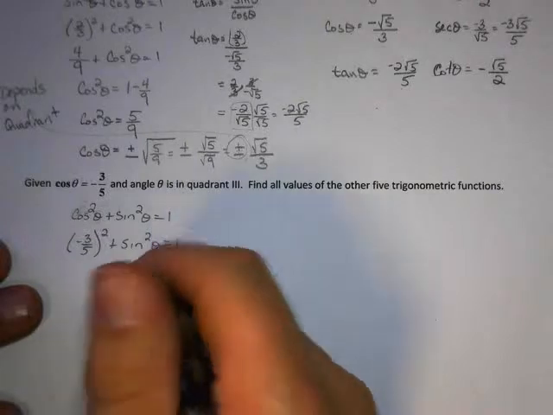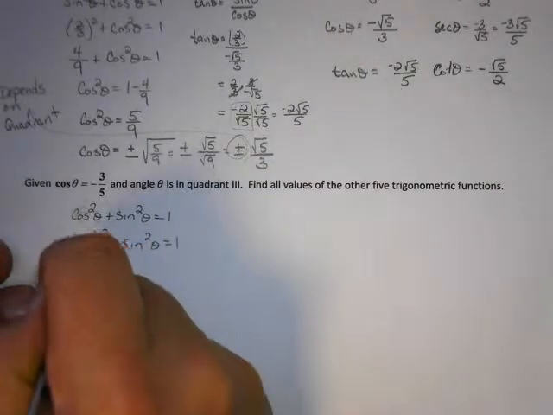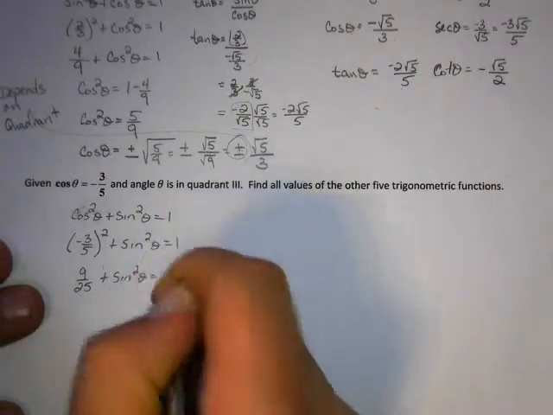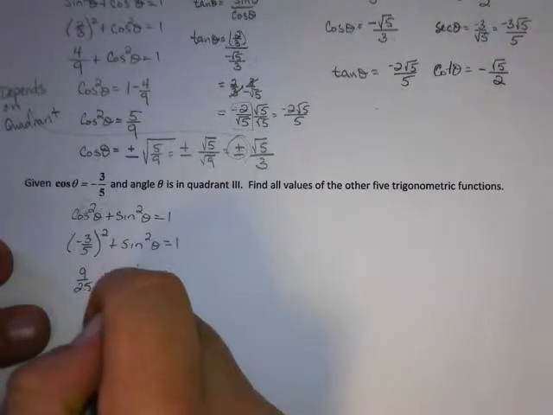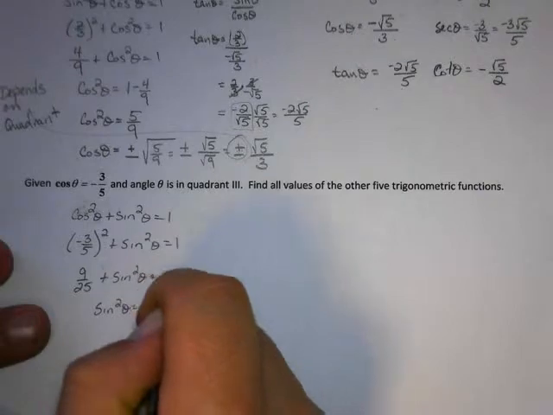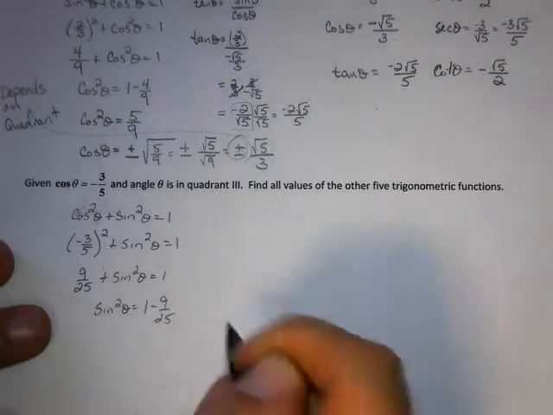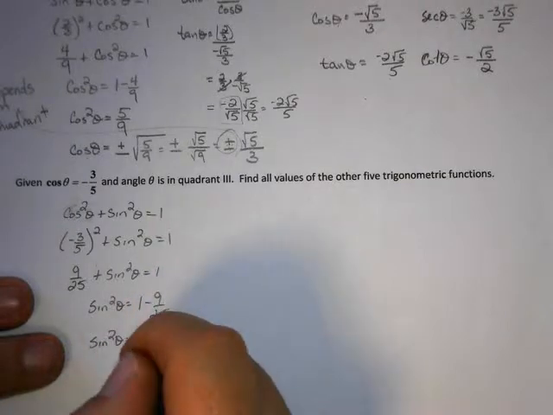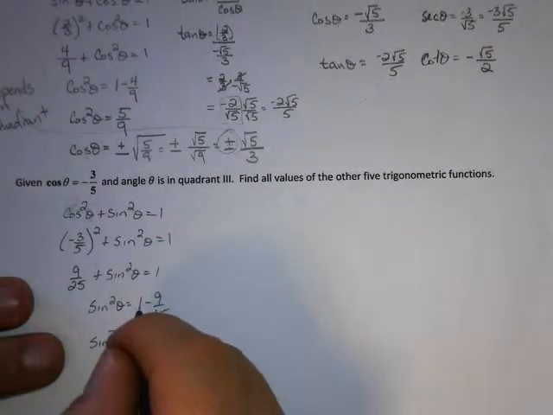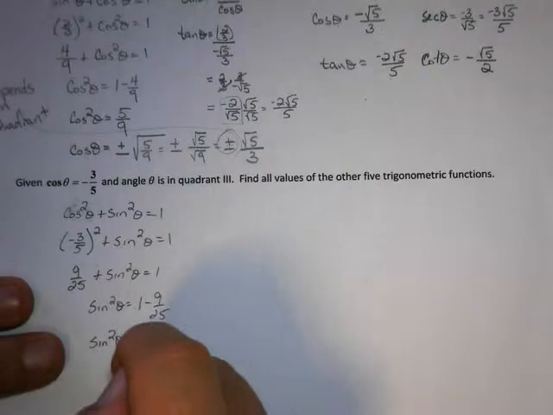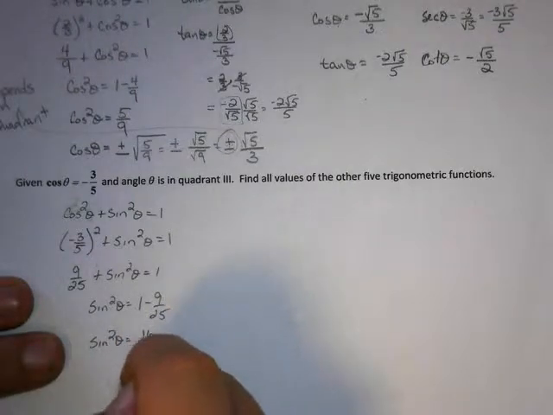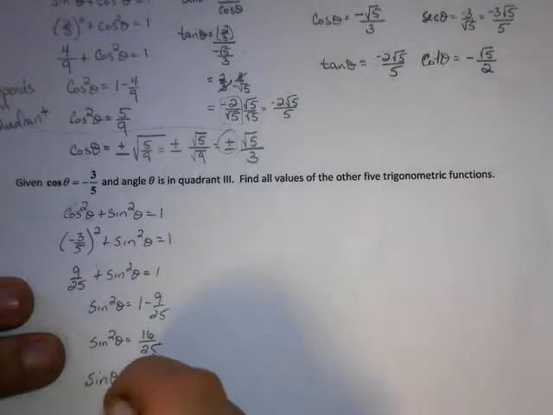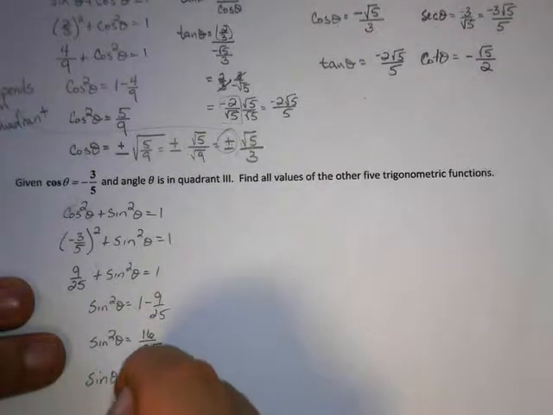9 over 25 plus sine squared theta equals 1. Sine squared theta equals 1 minus 9 over 25. Sine squared theta equals 25 over 25 minus 9, which is 16 over 25. So sine theta equals plus or minus the square root of 16 over 25.